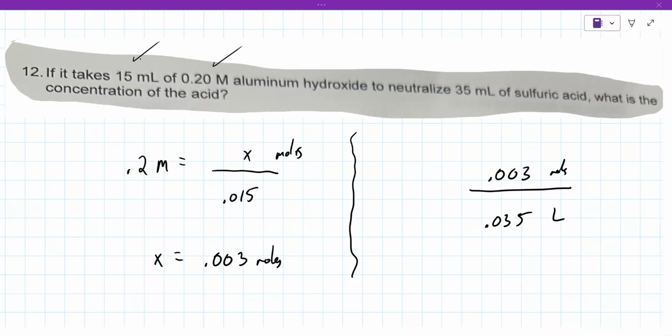All right, so 13. Give me just a moment. I just want to check 13 before.